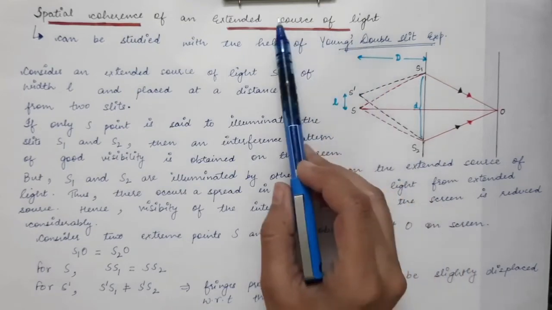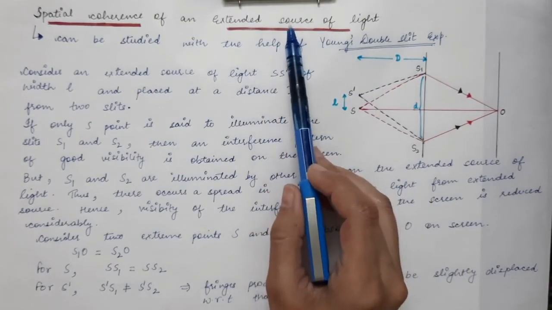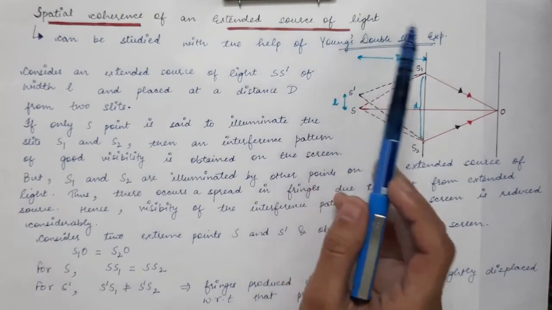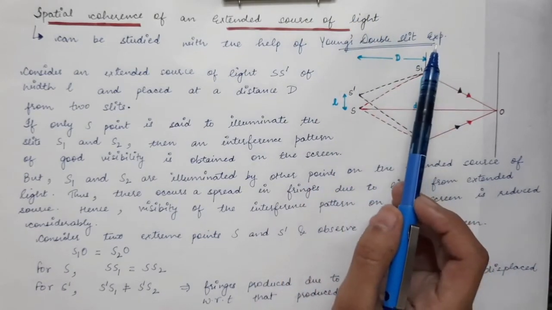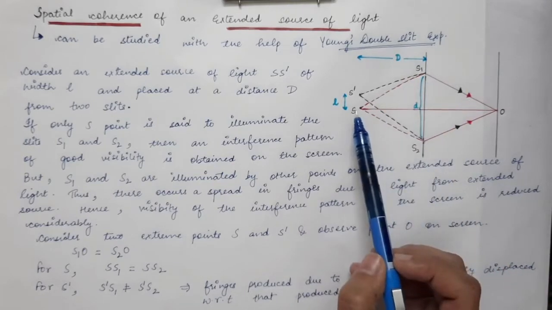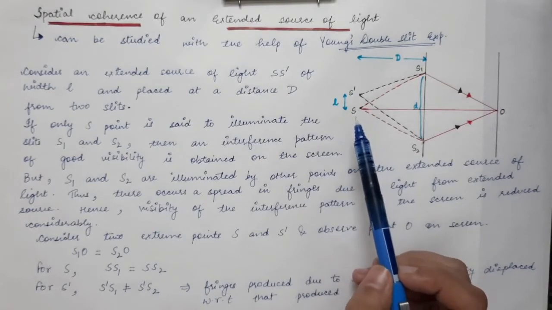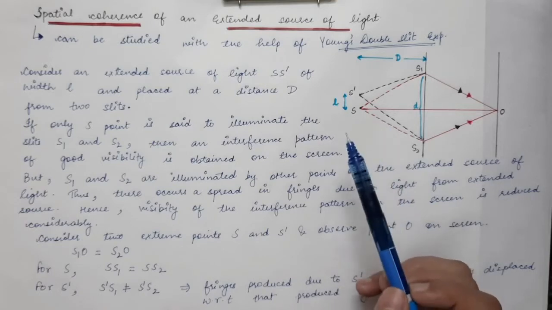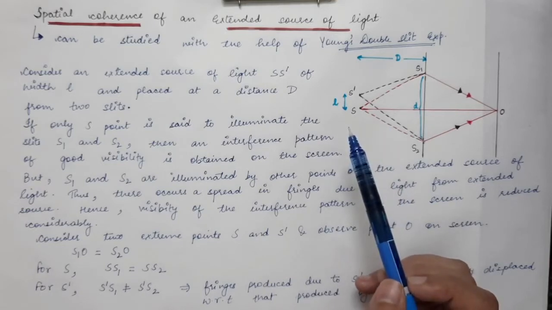So we will make the light from the extended source fall on the double slit, and then we will see the pattern which is observed on the screen. In the Young's double slit experiment that we did in the previous semester, we just took one point source and found that an interference pattern is observed on the screen.